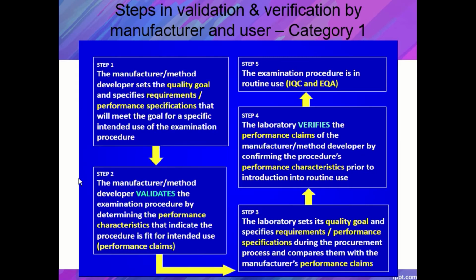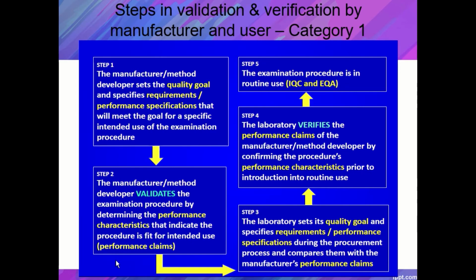Then the manufacturer or method developer validates the examination procedure by determining the performance characteristics that indicate the procedure is fit for intended use, and this will be claimed by the manufacturer as the performance claim.